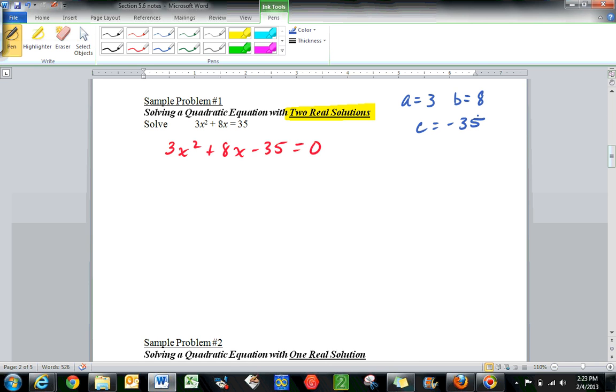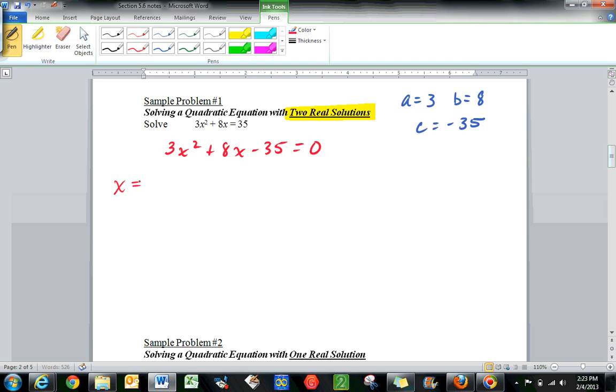Now, what you're probably recognizing at this point is that you could potentially get some big numbers in the quadratic formula, but you have a calculator to help you with that situation. Let's just go ahead and worry about getting the numbers inputted into the quadratic formula correctly. So if you need some help working this problem, keep the quadratic formula in front of you and you can plug in appropriately.